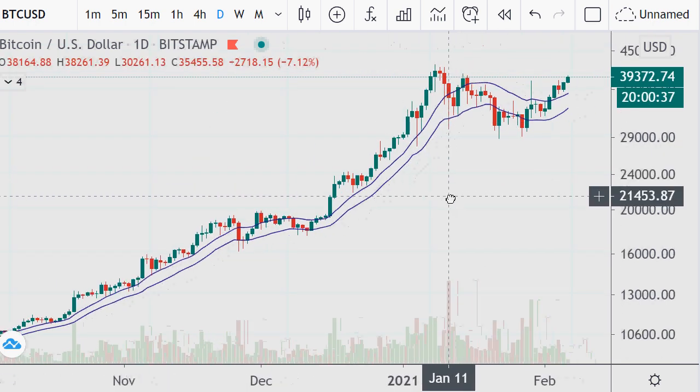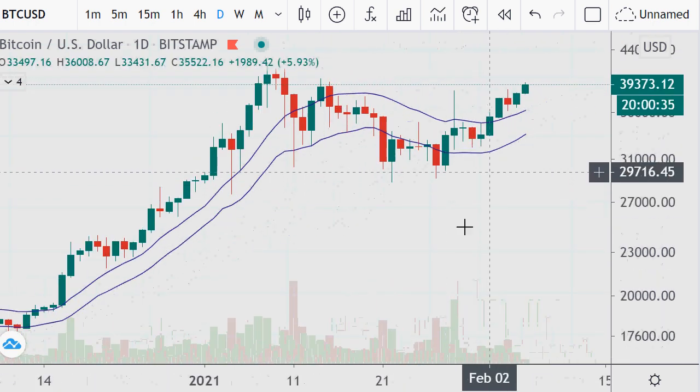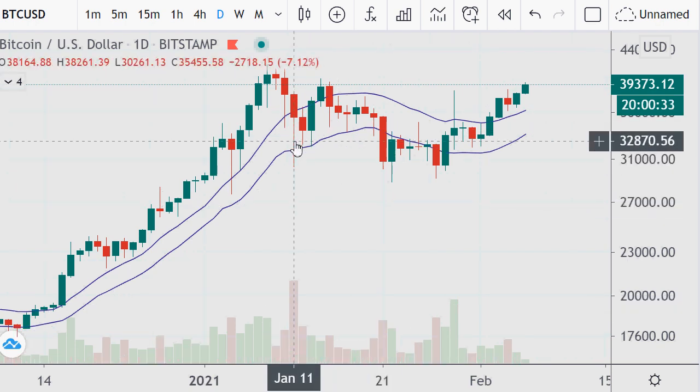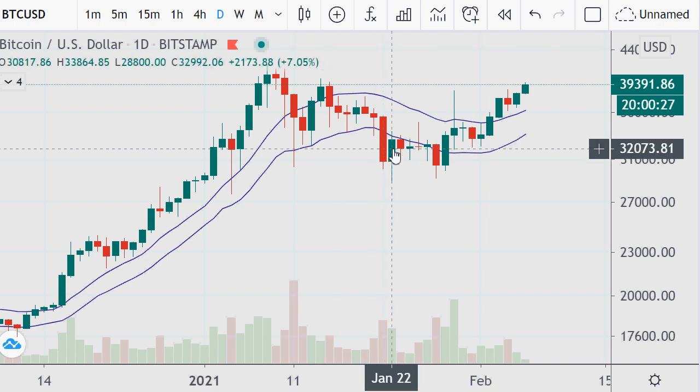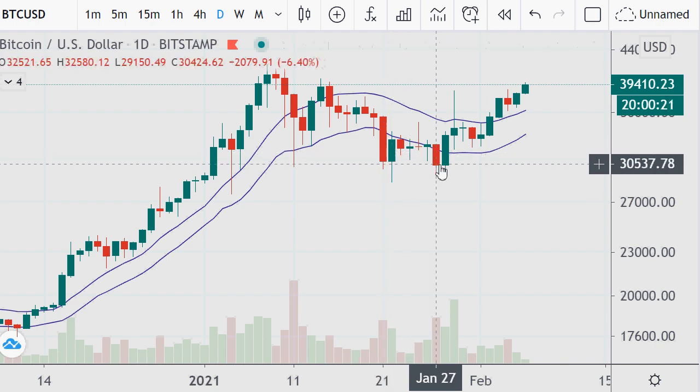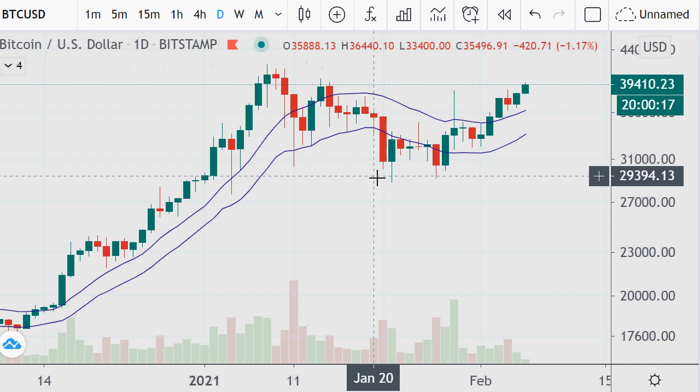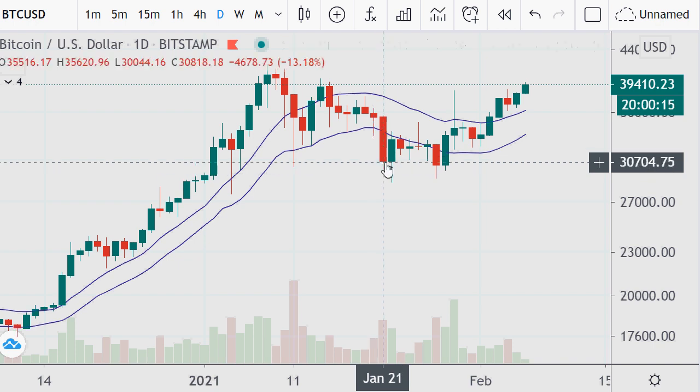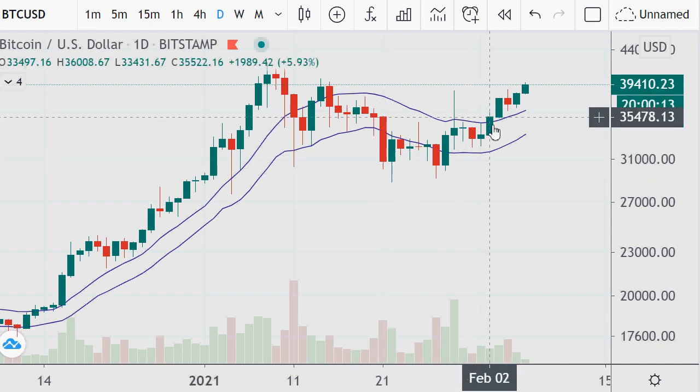Regarding this price action as I see it on the daily term, support was established at 30,261 on January the 11th, coming down to 28,800 on January the 22nd, pretty much also there on the 21st. On the 27th, it comes down to 29,150. Three times it hit support.